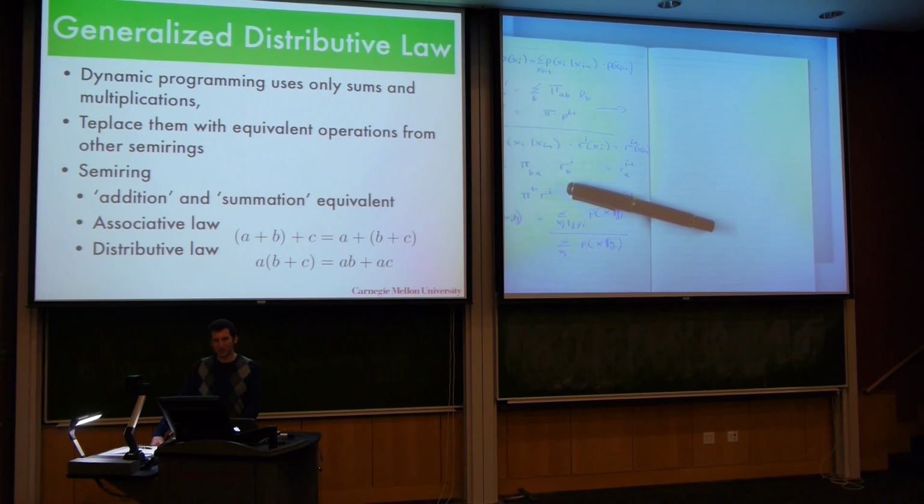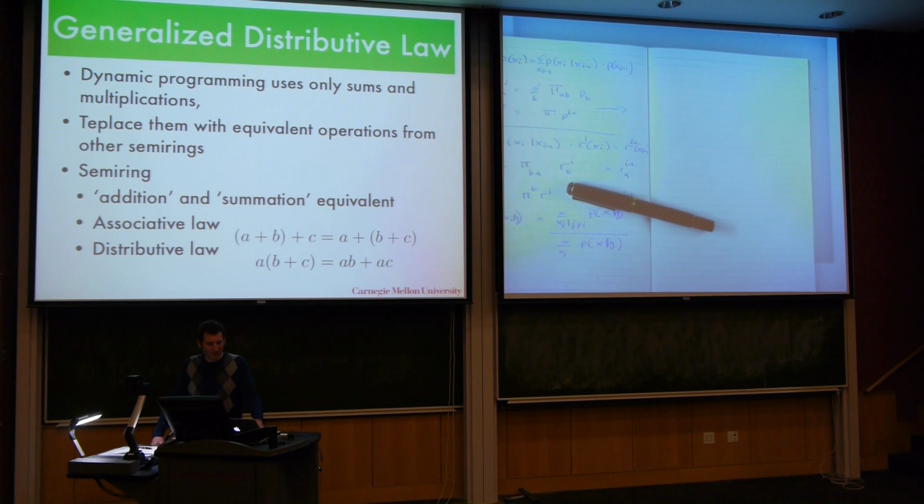So there's something called a semi-ring, and a semi-ring is basically a mathematical object where multiplication and addition are defined, and where the usual distributive properties hold for addition and multiplication.